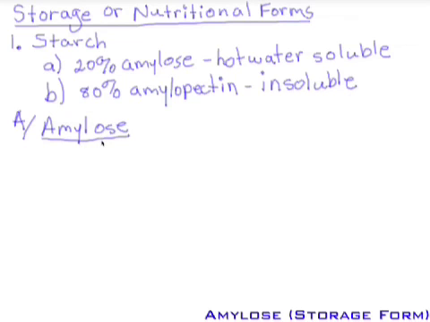Well, amylose is similar to cellulose in that amylose is a linear molecule, but instead of beta-D-glucopyranose, we use alpha-D-glucopyranose. So it's a linear molecule of alpha-D-glucopyranose, repeating. It consists of alpha 1,4 linkages. So we have the alpha 1,4 linkage, and it repeats.